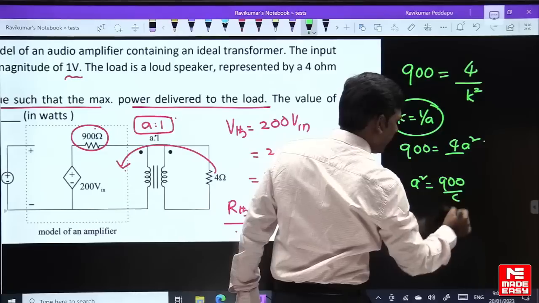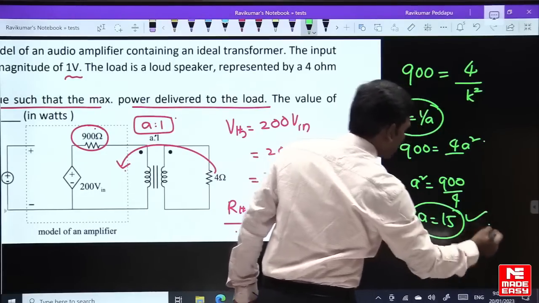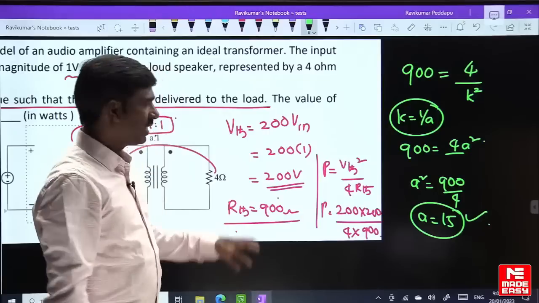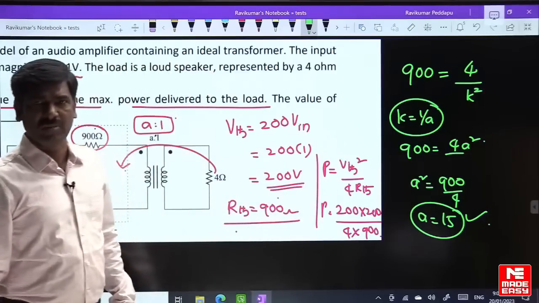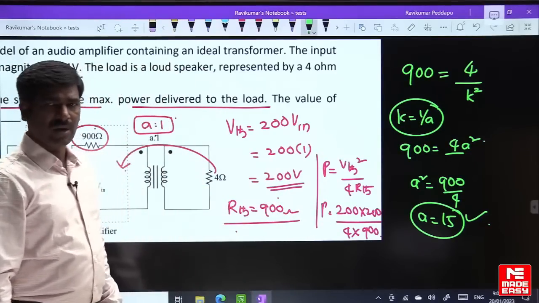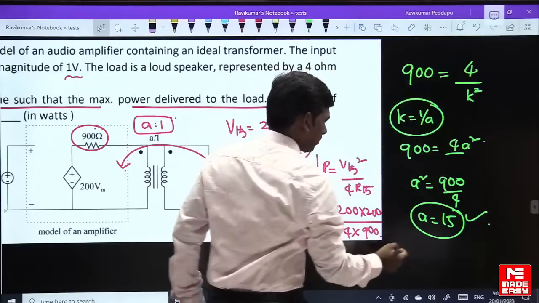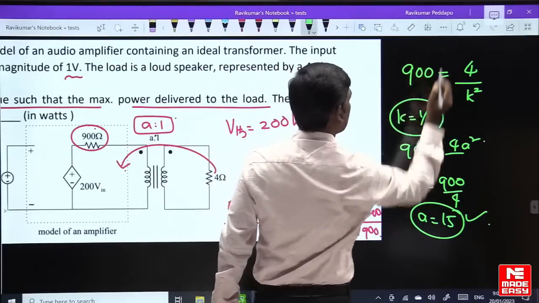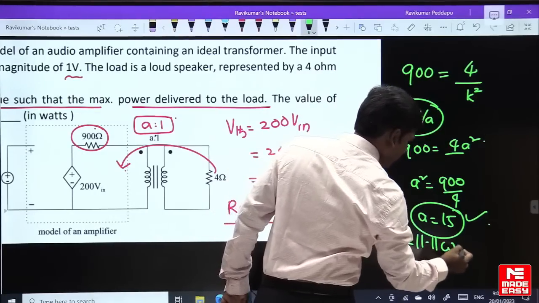A is equal to 15. If the question asks for A, then it is 15, but here only power is asked. VTH square by 4 RTH is the direct formula for maximum power transfer. In a resistive circuit you can directly use VTH square by 4 RTH. It becomes 11.11. The value is P is equal to 11.11 watts.